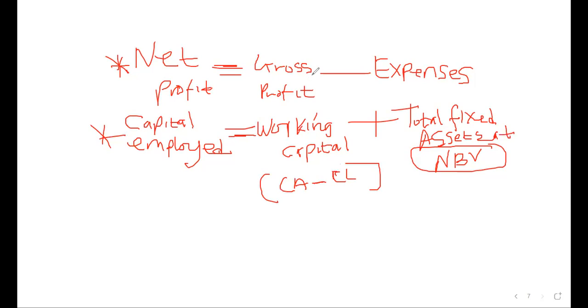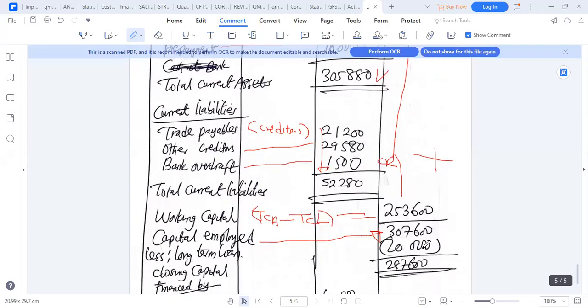Please take note of that. So capital employed is equal to working capital plus the total fixed assets at net book value.